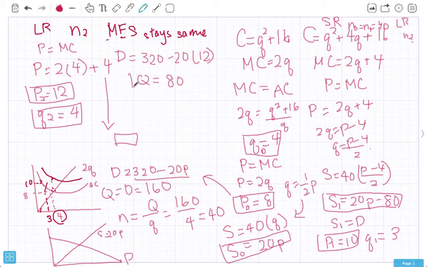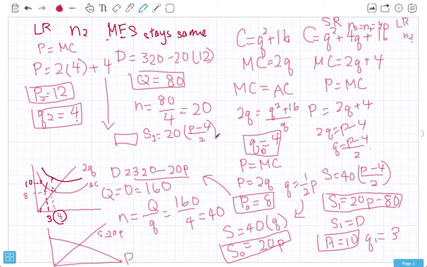Now you have this and this, you can do N equals 80 over 4, and then you can solve for the number of firms, which is 20. So finally you can find the supply 2, which is 20 times the quantity, which is still the same after the tax. It will still be P minus 4 over 2. So now that would come out to be 10P minus 40.